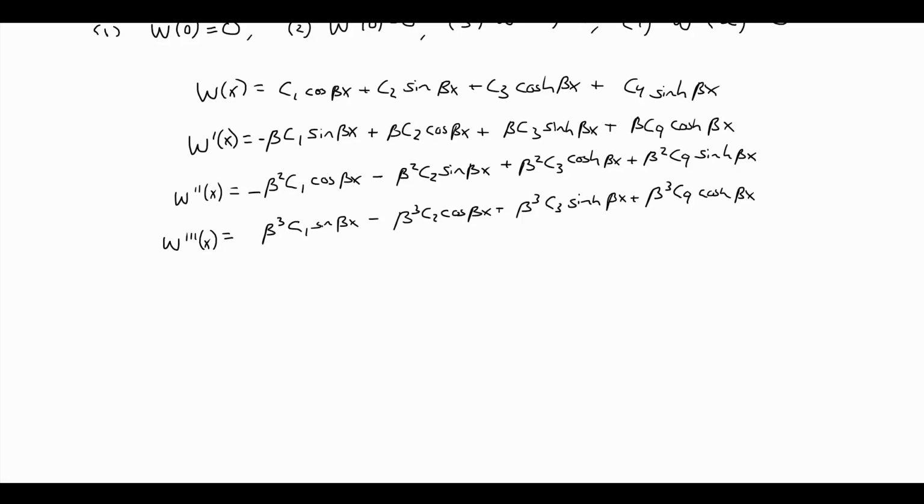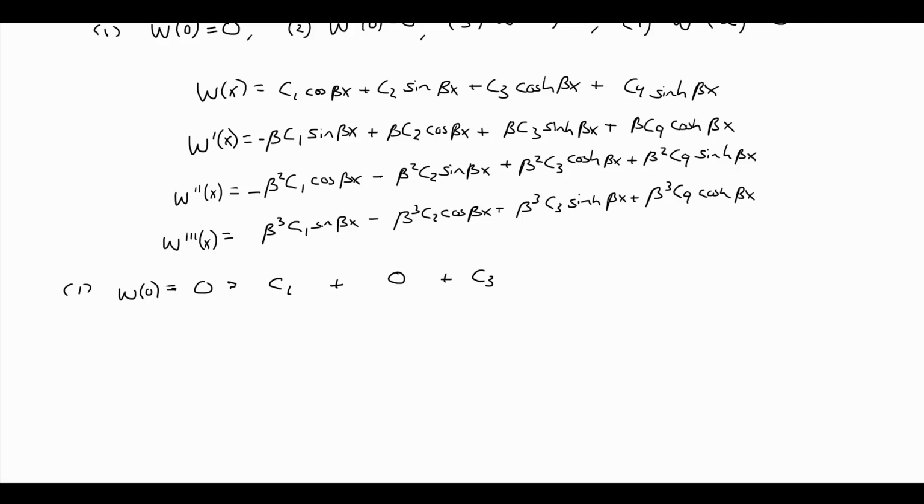For the first boundary condition, w of 0 equals 0. And if we go up to w of x and put in 0 everywhere, what do we have? We have c1 times the cosine of 0. The cosine of 0 is going to be 1, plus c2 times the sine of 0. The sine of 0 is 0, so that's going to be 0, plus c3 times the cosh of 0.